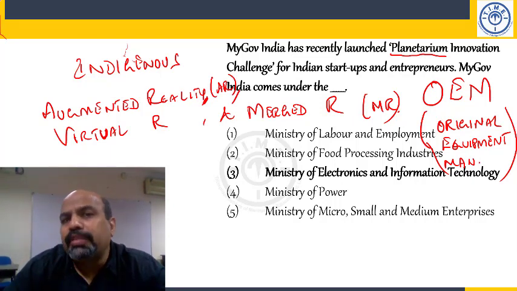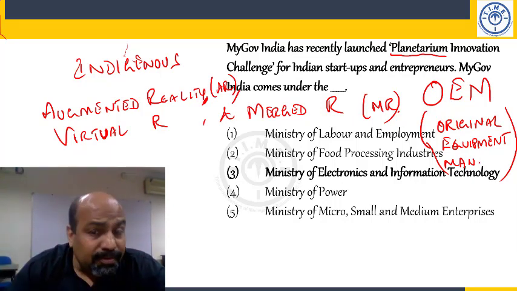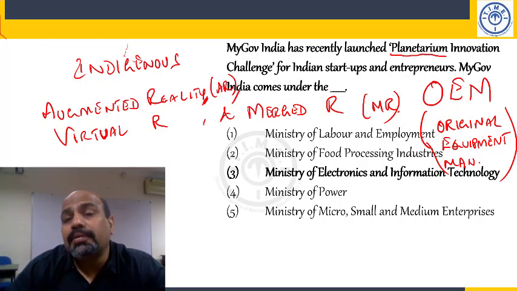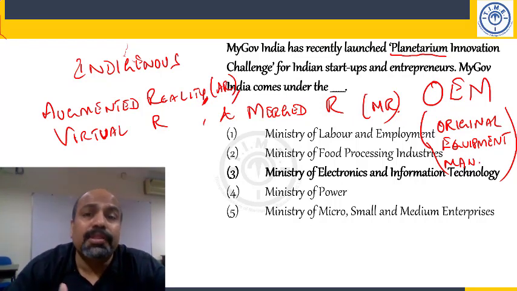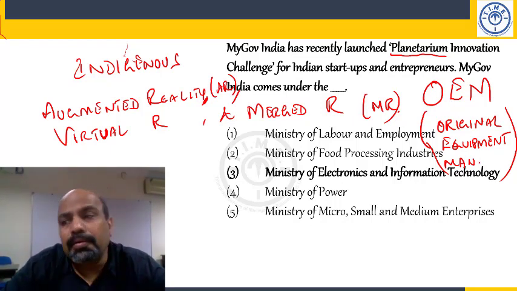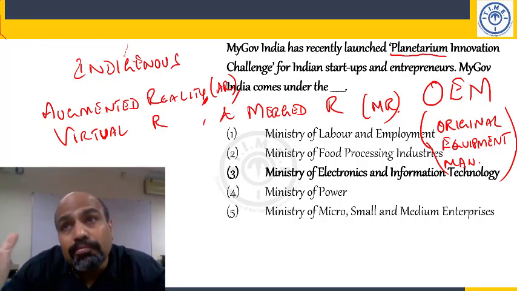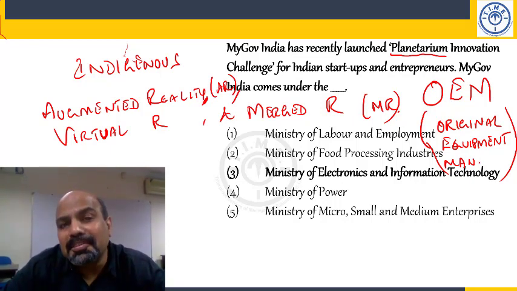So we are making do with whatever we have today. So the government of India has launched this challenge so that our guys come up with the best technologies that would give us the best experience while watching the space.